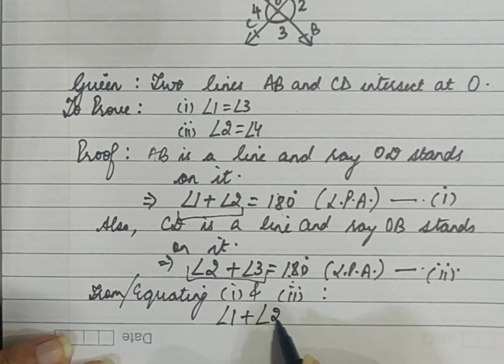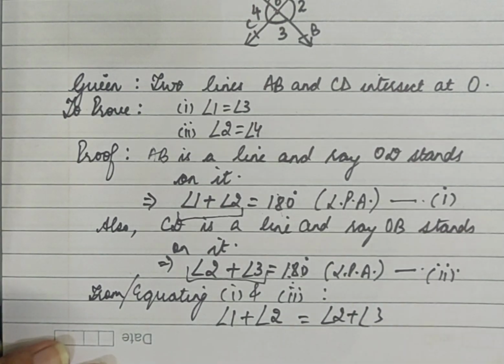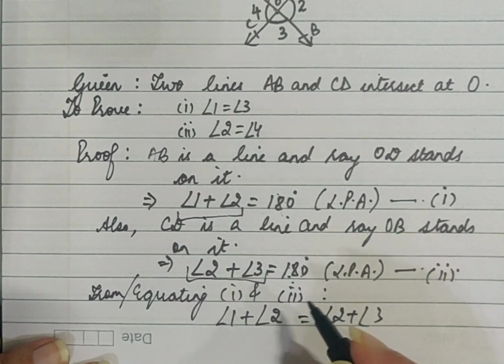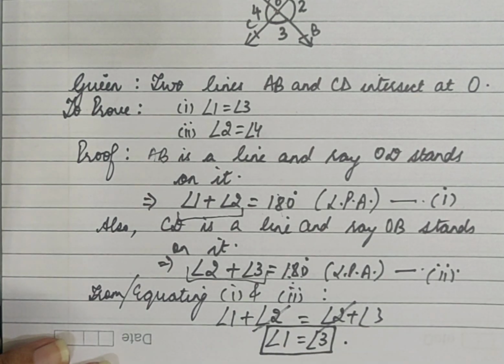Angle 1 plus angle 2 will be equal to angle 2 plus angle 3 because both are equal to 180 degrees. Now angle 2 is cancelled. We are left with angle 1 is equal to angle 3. This was to be proved.